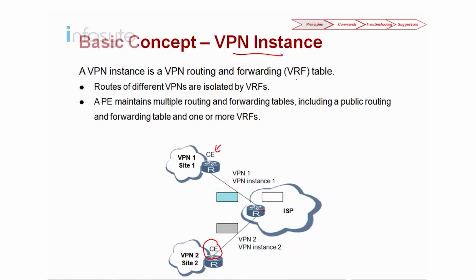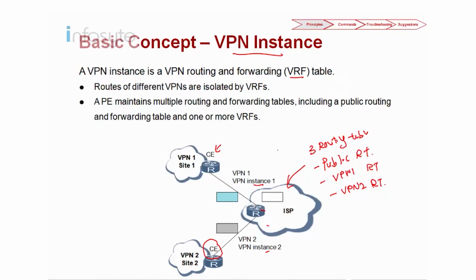Because when you have enabled the VRF, the ISP router creates 3 routing tables: a public routing table, a VPN 1 routing table and a VPN 2 routing table. So in total, I will create 3 different routing tables when you create instance 1 and instance 2.